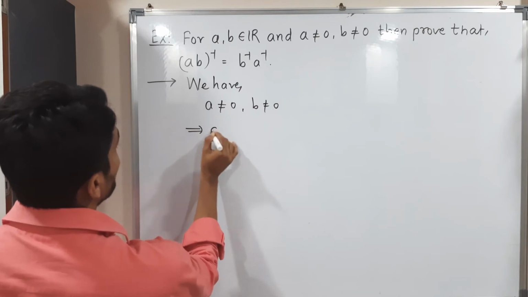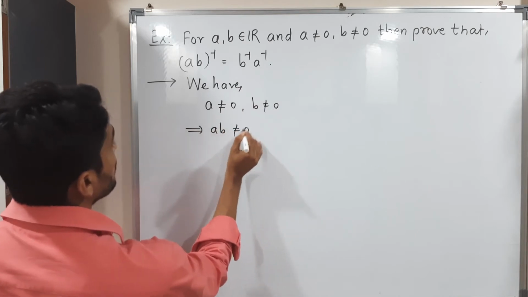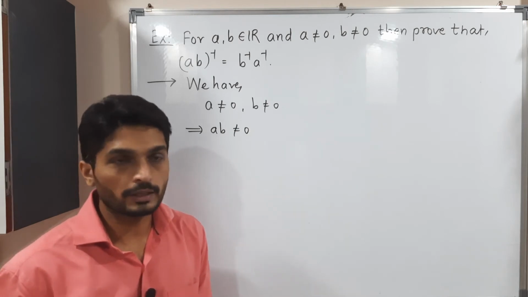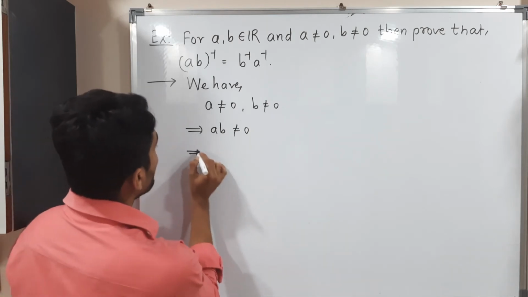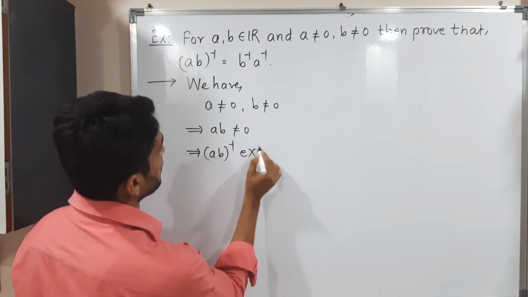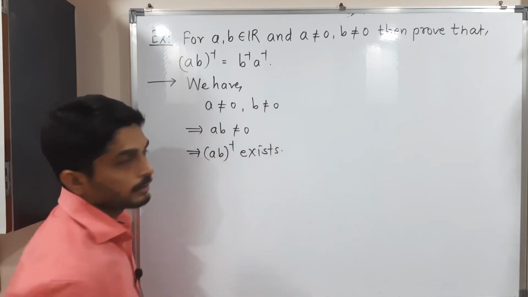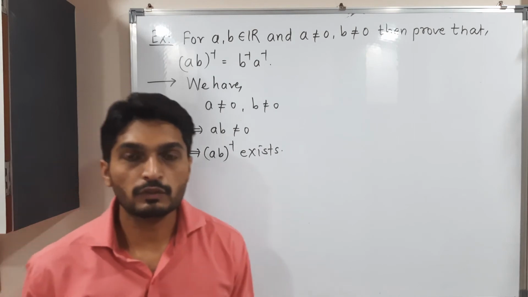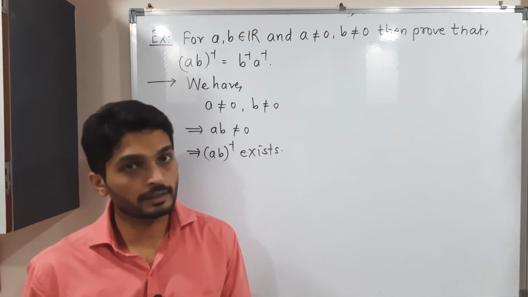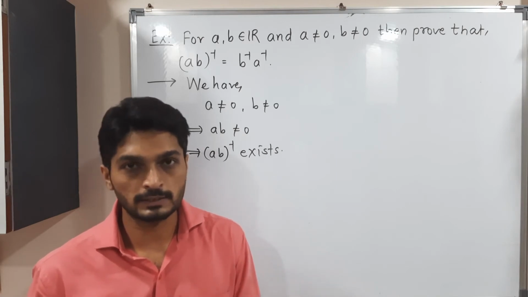That means both of them are non-zero, then their product is also non-zero. So ab is non-zero, therefore the inverse of ab exists. This is a basic condition for the existence of a multiplicative inverse: it should be non-zero.